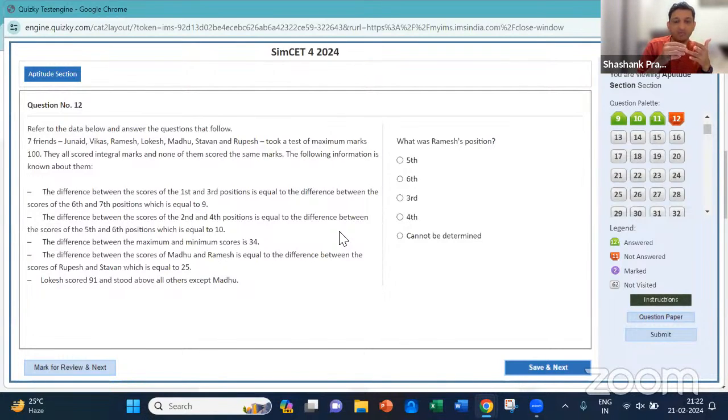So if Ramesh is fourth, not possible. 81 and 25 gap cannot come. So Ramesh is definitely not fourth. If Ramesh is fifth, 81, 91. Ramesh is fifth or sixth.